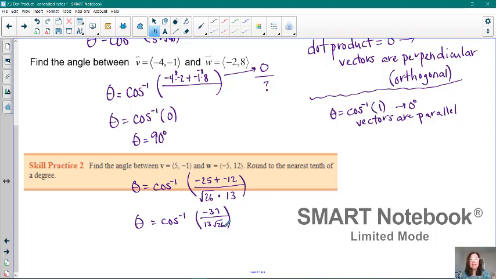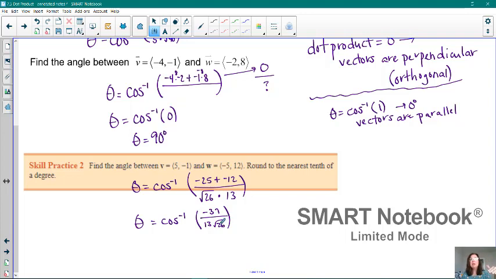Before we do this calculation, let's see if we can predict whether the angle will be less than 90 or more than 90, somewhere between 90 and 180, because it wouldn't be more than that. So let's see. The cosine has a negative numerator, positive denominator, so that means the cosine is negative.